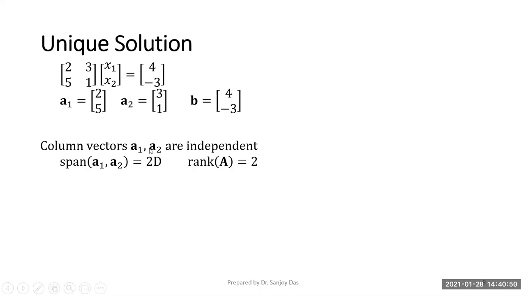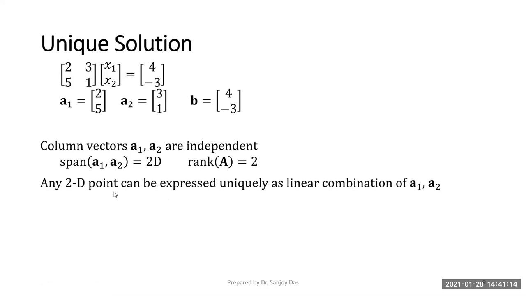Another way of saying that is the span of A1, A2 is a two-dimensional space. In other words, the rank of this matrix A, this matrix 2, 3, 5, 1, is 2. The two are equivalent statements.